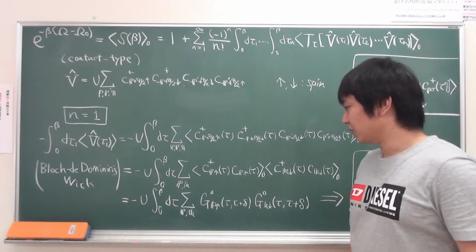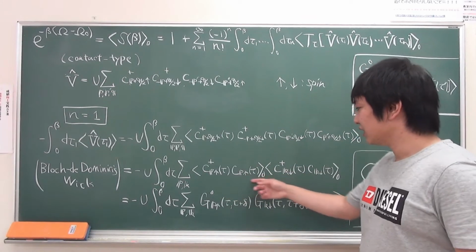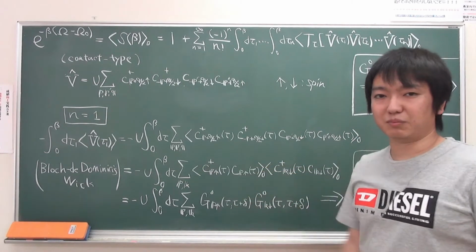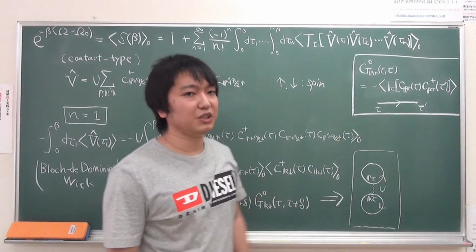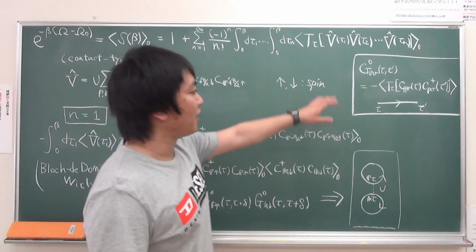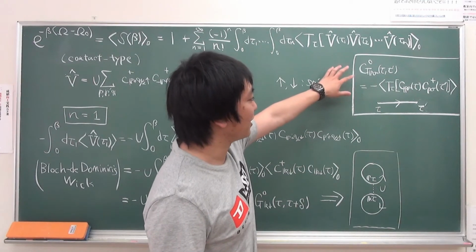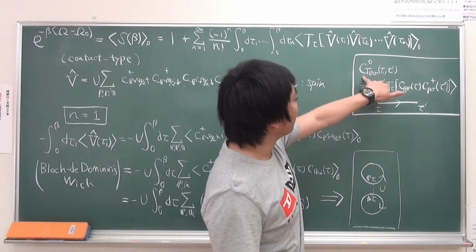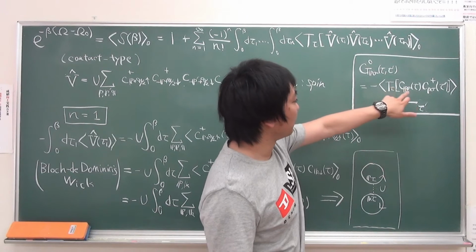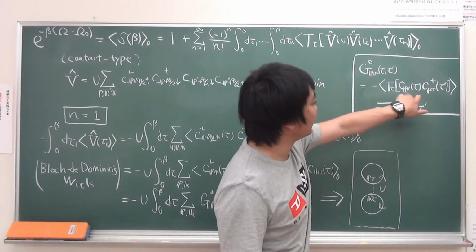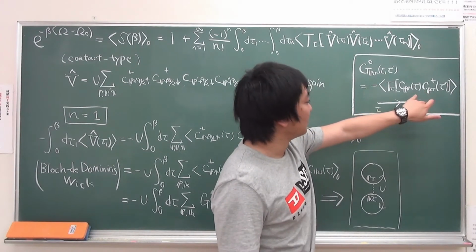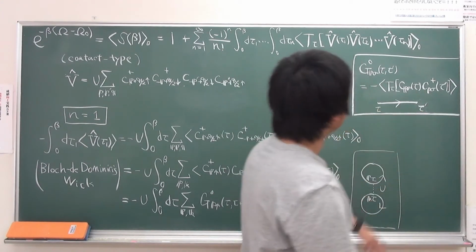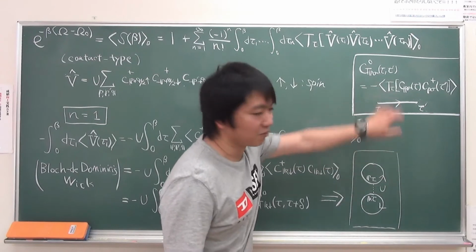Then you can see this kind of equation in the previous video. It is actually related to the imaginary time Green's function. So I'd like to mention that again. The imaginary time Green's function can be written like this: C dagger with an argument of tau prime, and the imaginary time product.